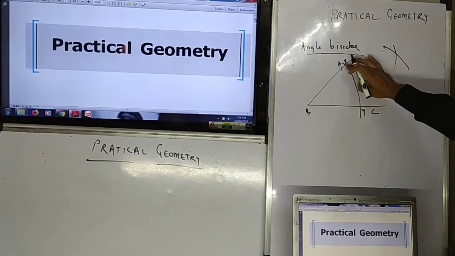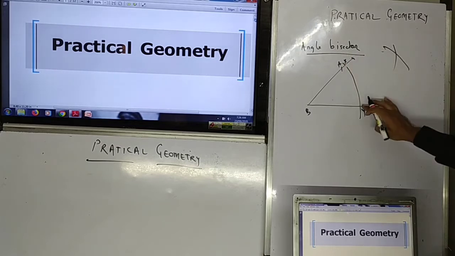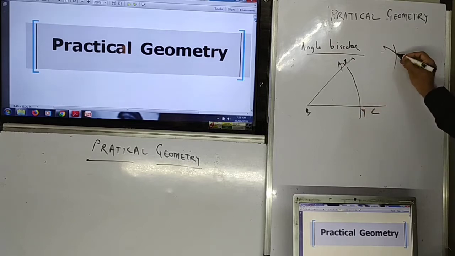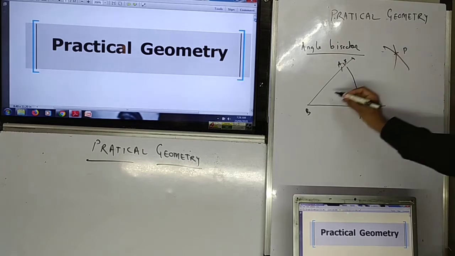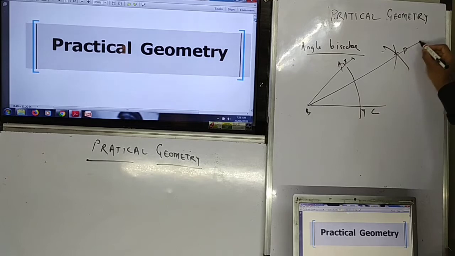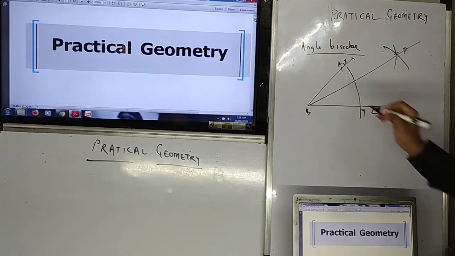These arcs from X and Y are of the same radius, intersecting each other at, say, P. Join BP. This results in the angle bisector.